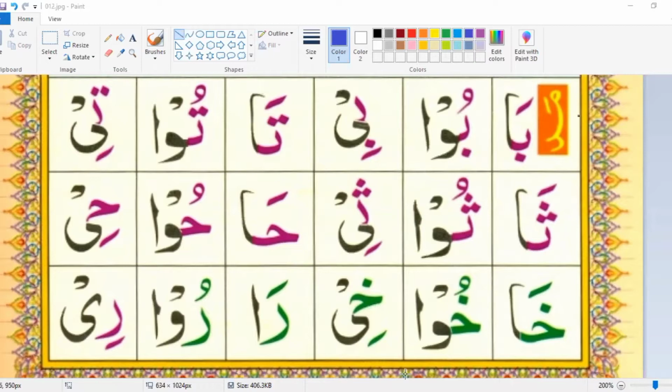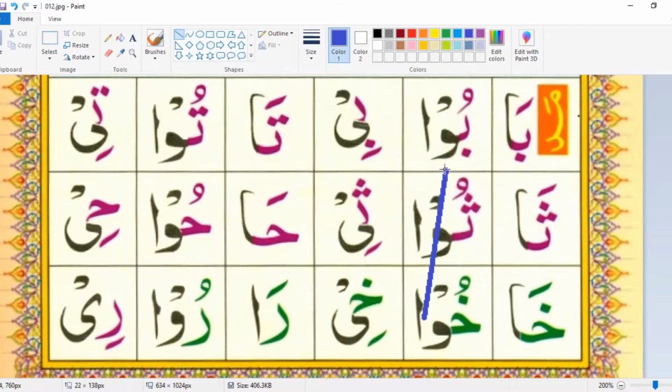In this lesson, we will read Maddah letters and standing movements. Maddah letters are basically three: Alif, Waw, and Ya. Whenever the letter before Alif has got Fatha, like this, this is Alif, and the letter before Alif has got Fatha, then Alif becomes Alif Maddah.